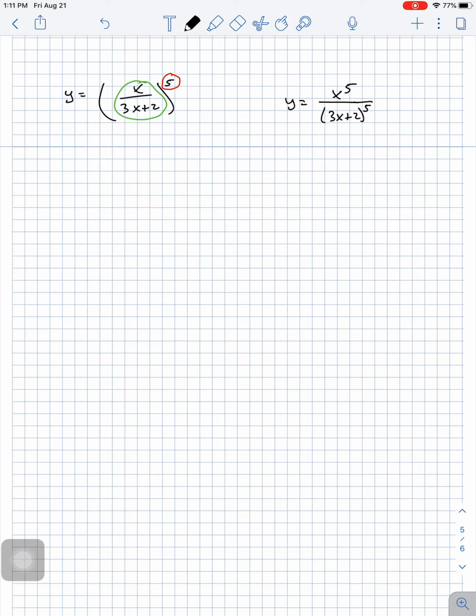And then it becomes a quotient rule first with a chain rule embedded. Or you can bring your denominator up and make that power negative, and now it's a product rule first with a chain rule embedded. So it just depends on your flavor, and it doesn't matter to me which way you do it.